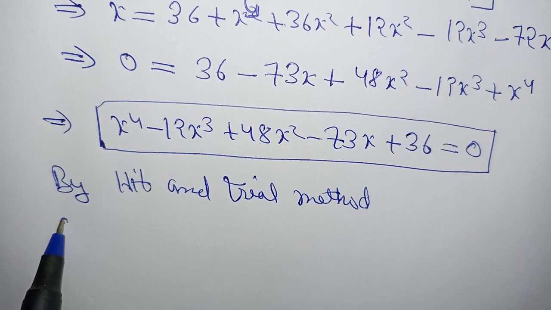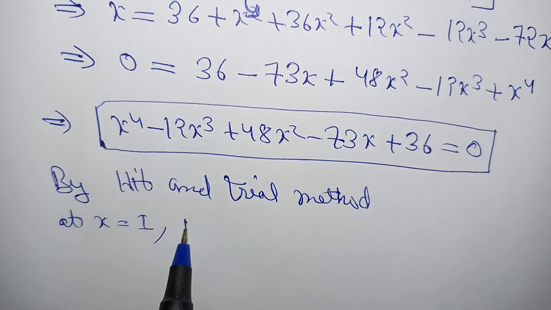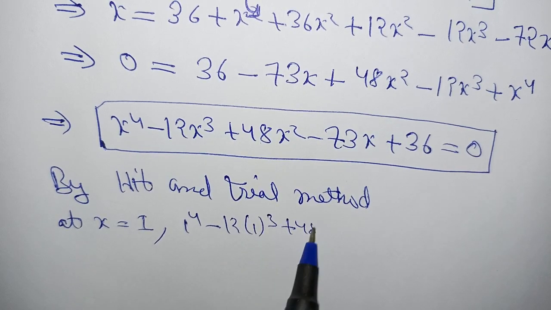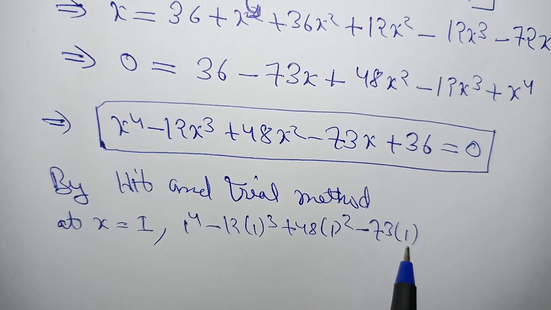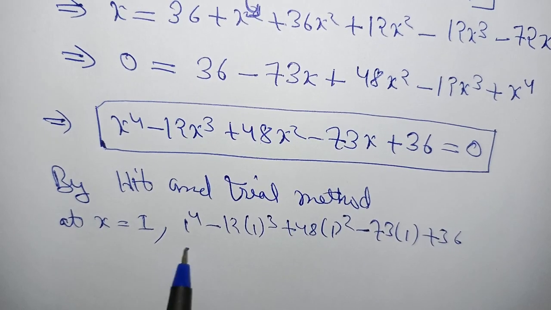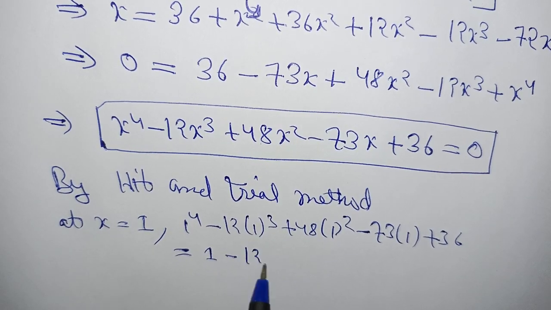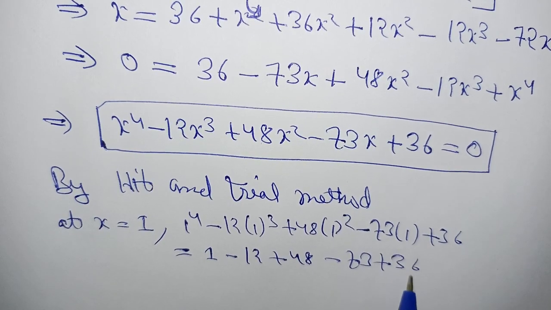So at x is equal to 1, we have 1 power 4 minus 12 into 1 cube plus 48 into 1 square minus 73 into 1 plus 36. That will become 1 power 4 is 1, minus 12 plus 48 minus 73 plus 36.